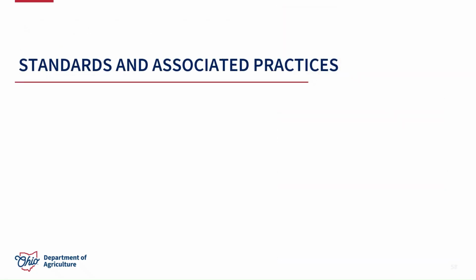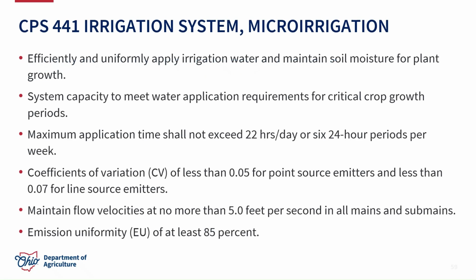We want to take a moment to talk about what conservation practice standard we're designing to and some of the associated practices that we're going to see in the field when we're working with a microirrigation system. Microirrigation systems are designed under Conservation Practice Standard 441, Irrigation System, Microirrigation.